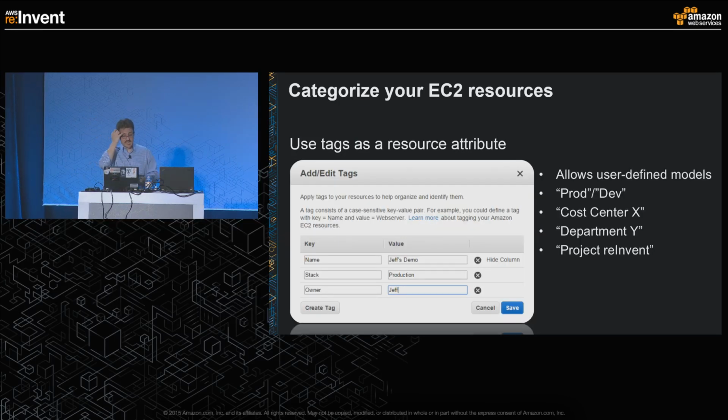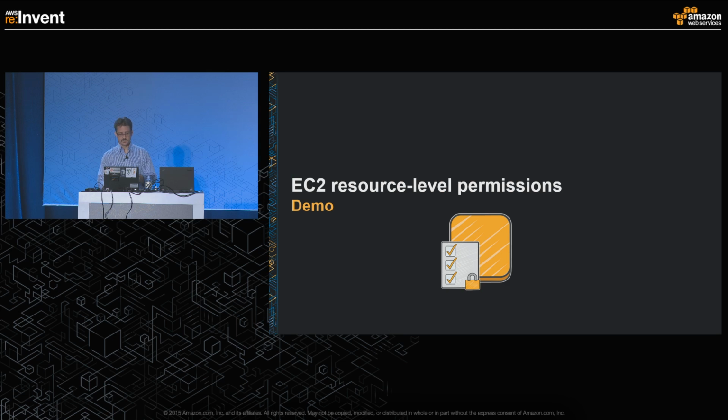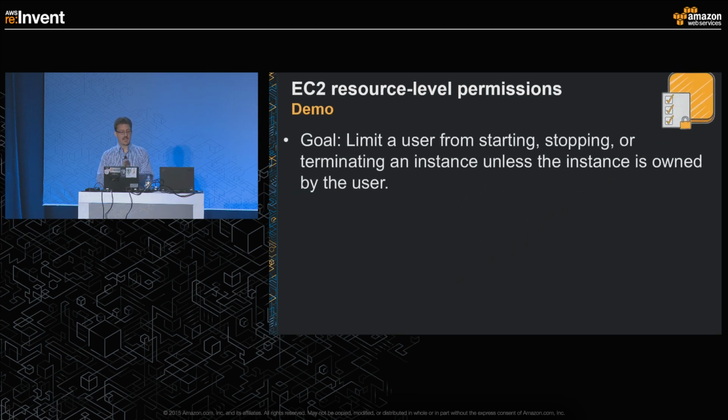As I mentioned, you can tag your resources, and a lot of people do this for organizational reasons, or because they want to have a certain department or cost center. But tags are great for authorization as well. So let's look at how we can use tags to prevent a user from doing something in the system.